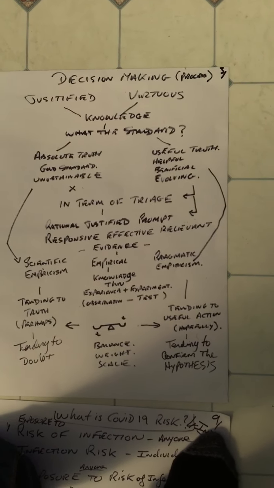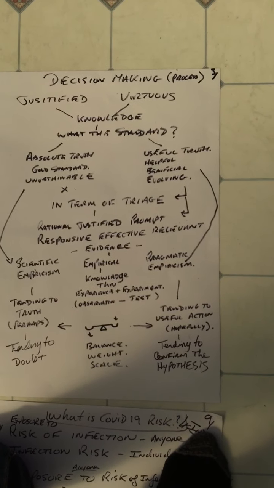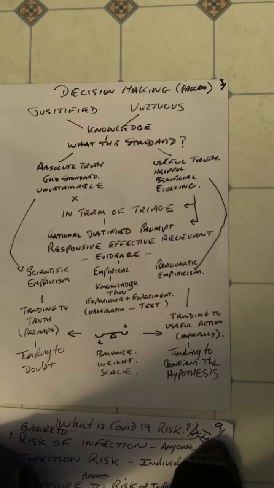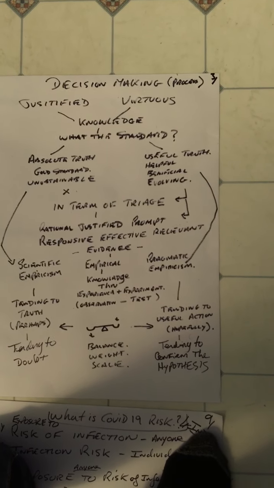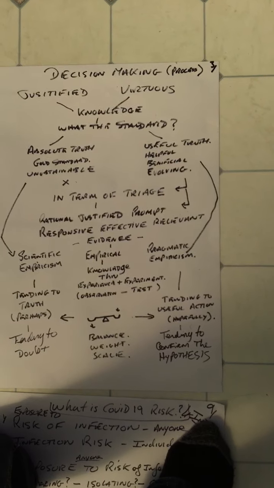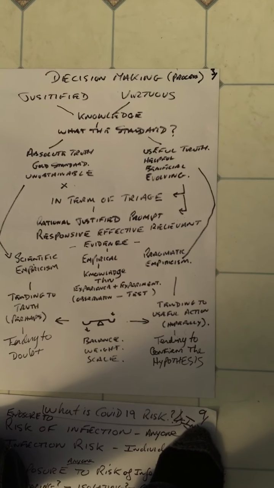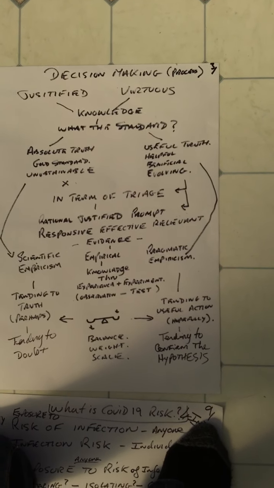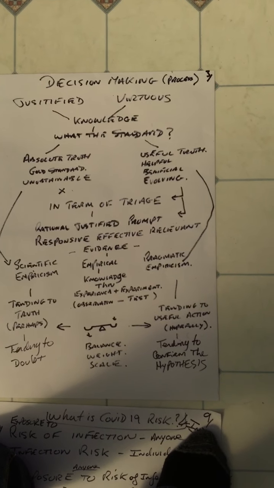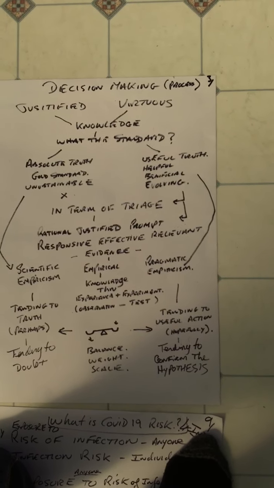Or there's the other side where we have useful truth, which is helpful, beneficial and evolving. In terms of triage, we want something which is pretty quick. We don't want to have to wait for scientific research and experiment and statistical analysis to tell us in a year or two that this person's okay for treating, because he's probably died by then, or his foot's fallen off, or he's just gone home.